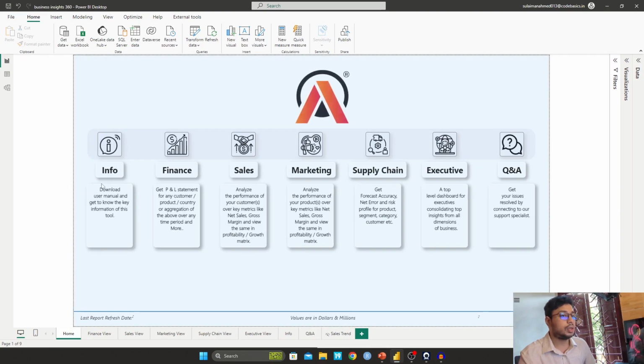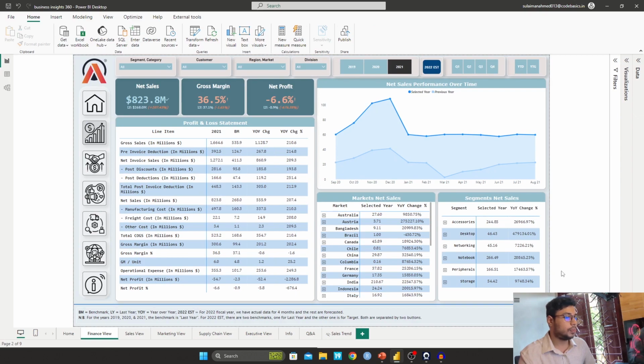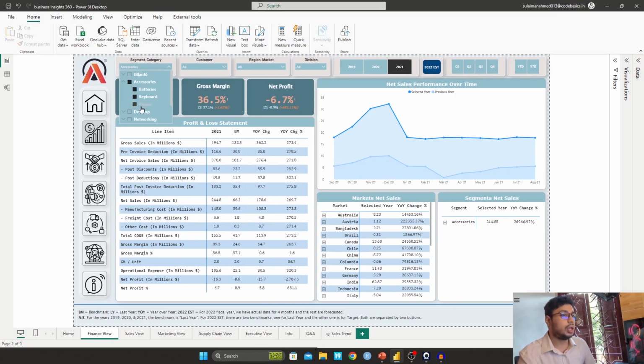Let me go back to the home page again and click on the finance view. So this is the finance view. As you can see, we have different slicers. The segment and category slicer: if you click on a segment like accessories, you can see the different categories inside the segment. Accessories has three categories: batteries, keyboard, and mouse.